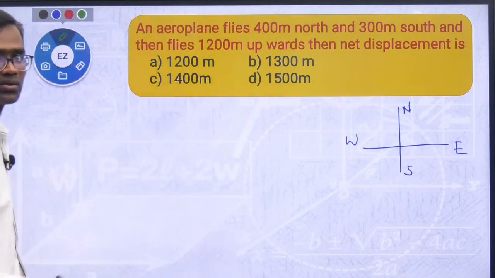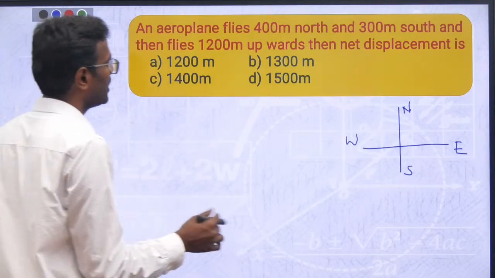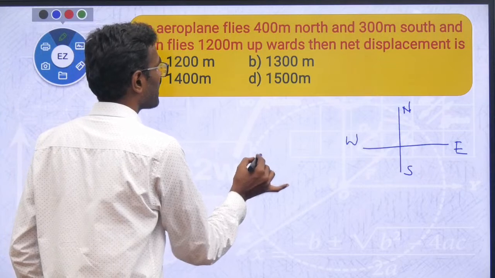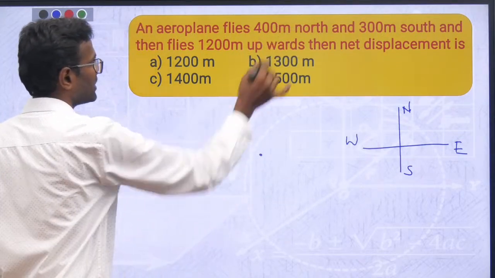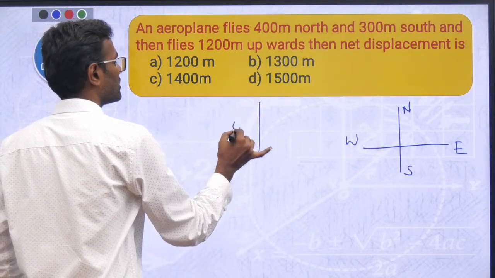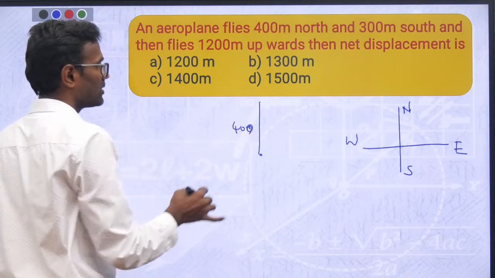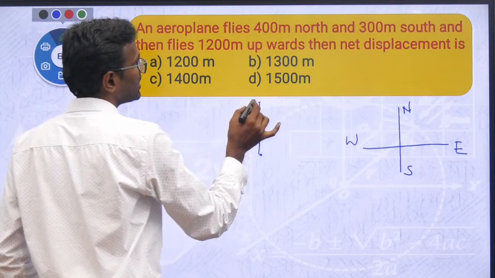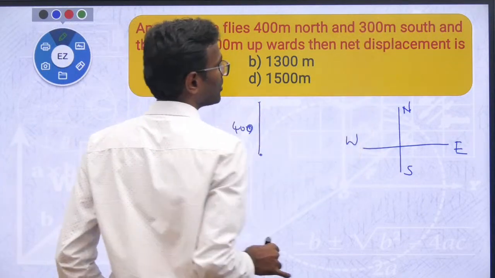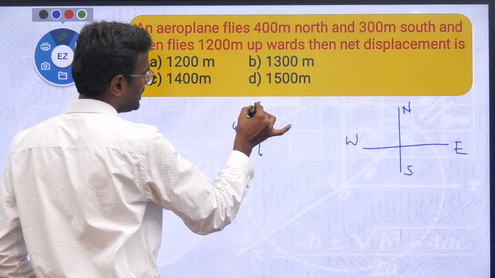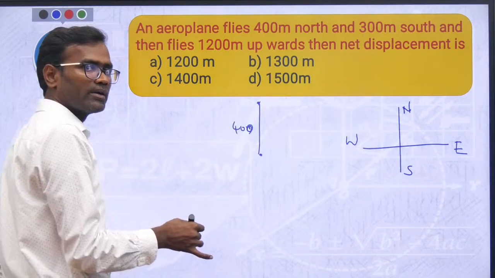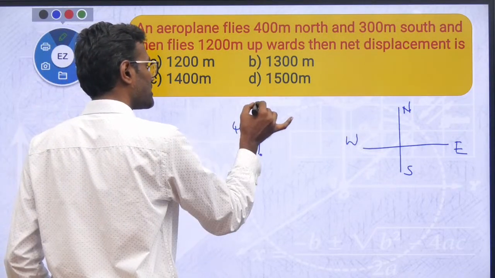This is the starting origin. Initially he is moving 400 meters north, and then 300 meters south. 300 meters south means he returns back, coming along the same path.